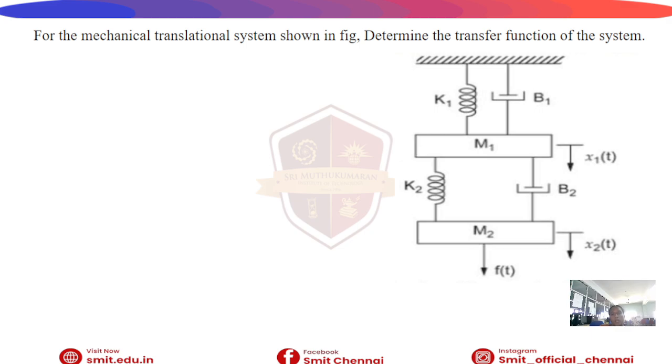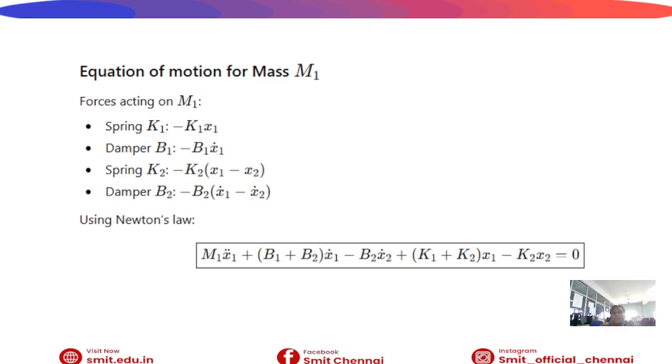Then we form the linear differential equation of mass 1 and mass 2. Then, taking Laplace transform of these equations, we convert them into the S domain. Then we solve both equations.